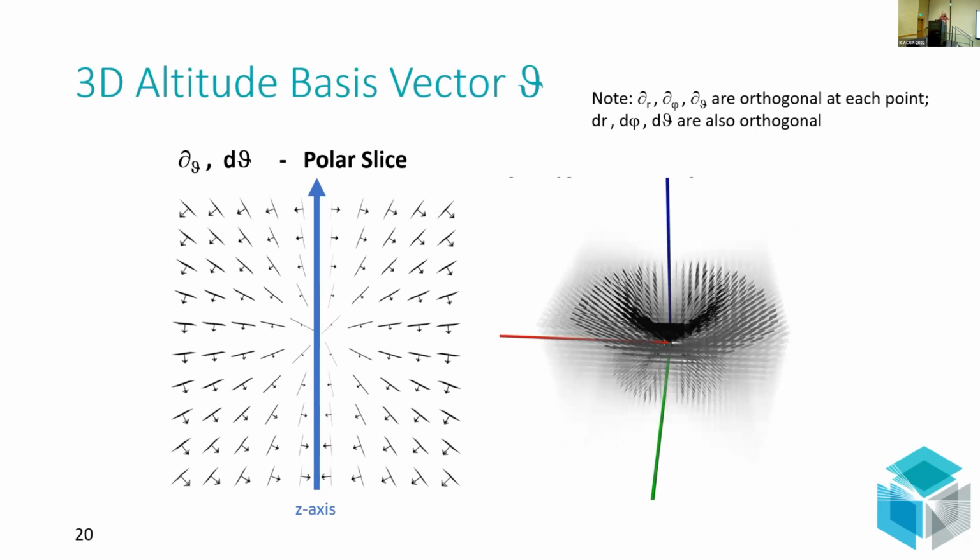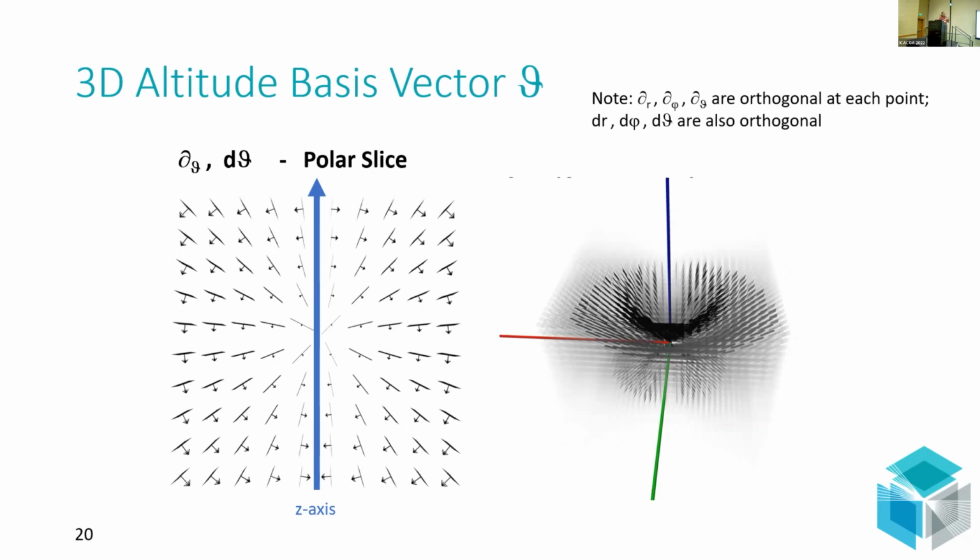In 3D, we can also do it using the theta, which is a little more difficult to imagine how it works. But if you make a slice in the 3D field along the polar axis, the theta direction goes from the north pole to the south pole, symmetrically around the axis. This defines like the tangent vector field, the partial theta, and orthogonal to it, the covector field is like little cones around the polar axis, the z-axis.